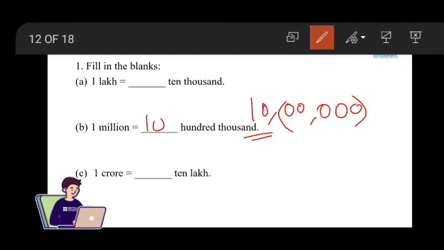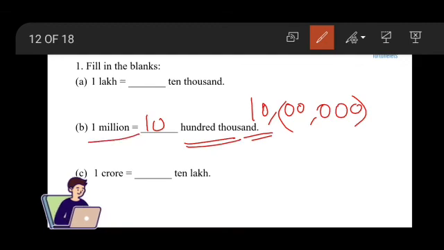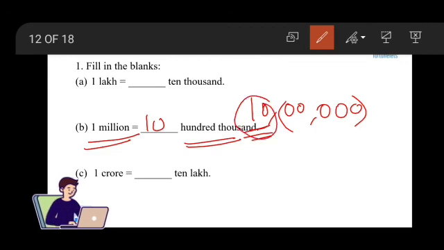So 10 hundred-thousands make 1 million. Students, once again I am saying, just listen. We know that 10 lakh is 1 million. So what we are going to do is separate 100,000 from 10 lakh so that the leftover number is 10, which is multiplied with the 100,000. So we get 1 million.